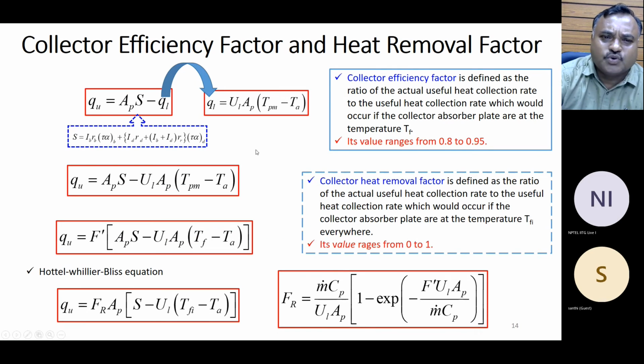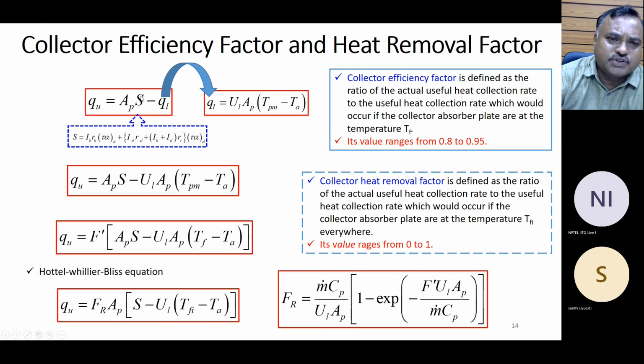And here, just to show some of the considerations, we are already quite familiar with this energy balance equation. QU is equal to AP multiplied by S minus QL, and we also know how to represent this QL and what S is, which is already known to us.